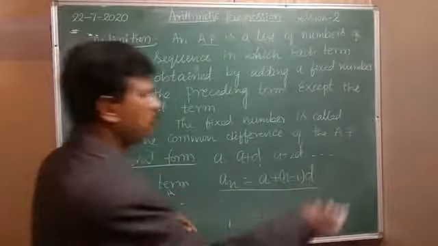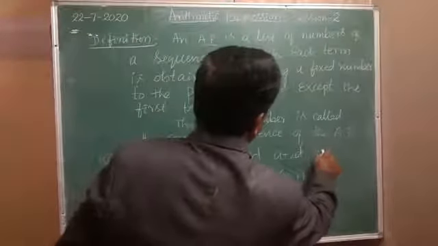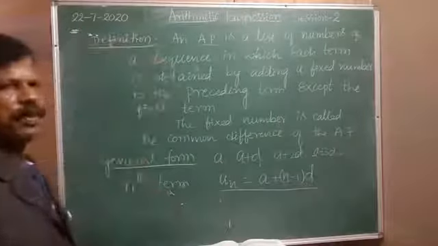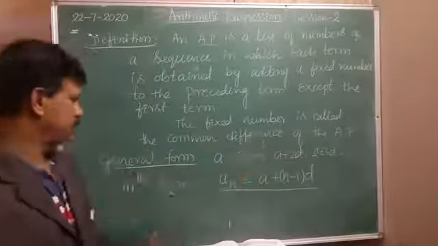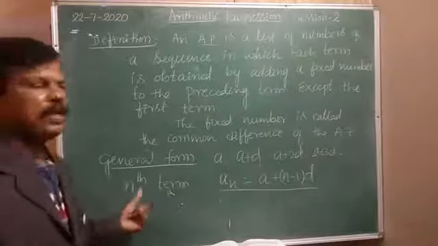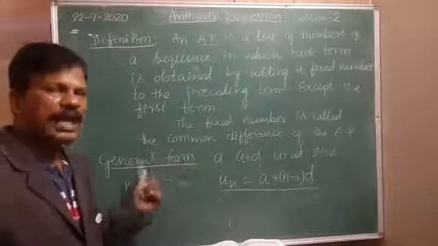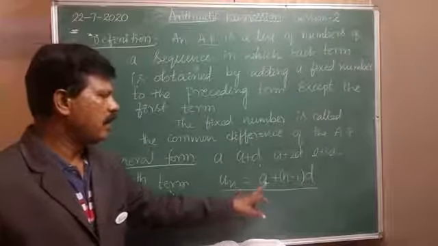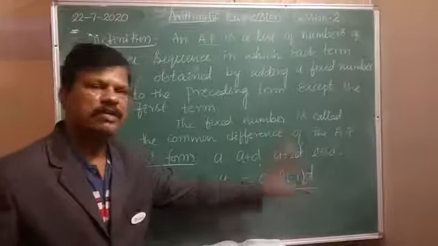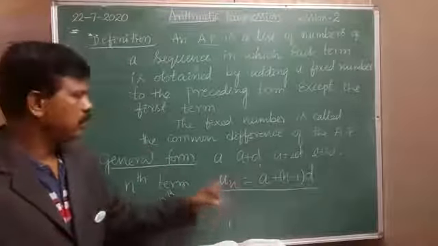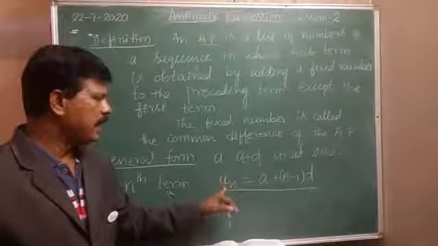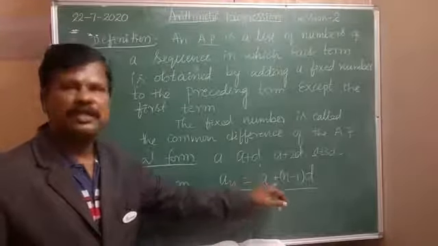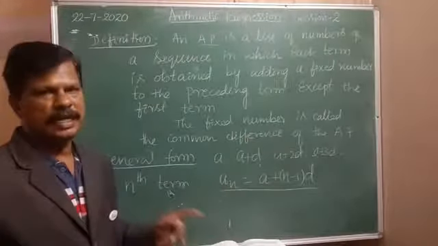If you add one more D, you will get A plus 3D, etc. If you continue like this, the nth term, the last term of the AP, is given by an equals a plus n minus 1 into d. Clear? This is very, very important. The nth term of an AP is a plus n minus 1 into d.